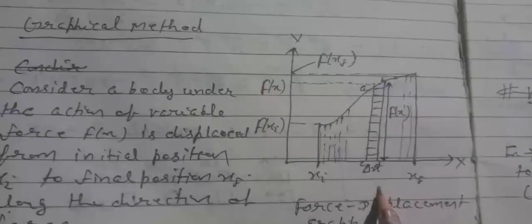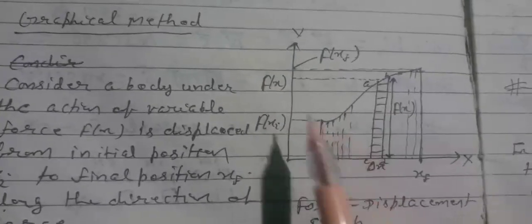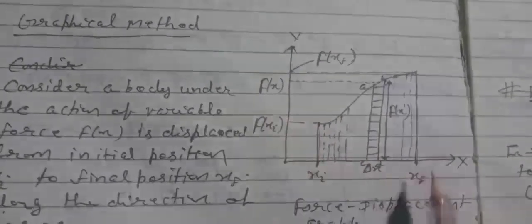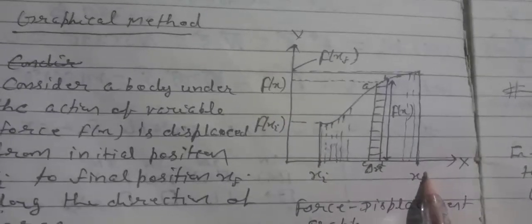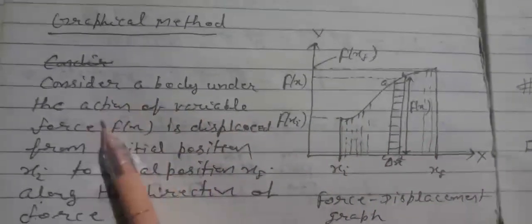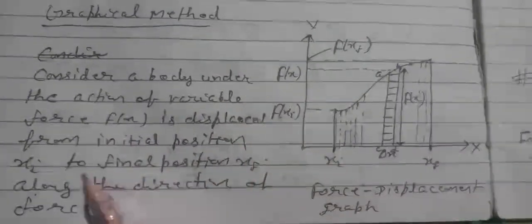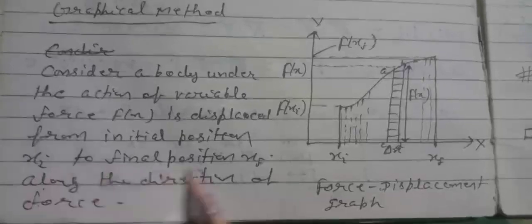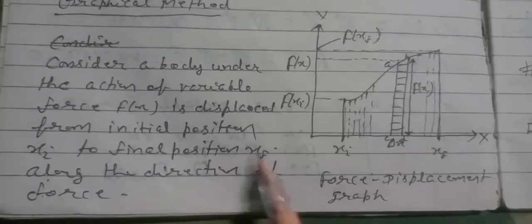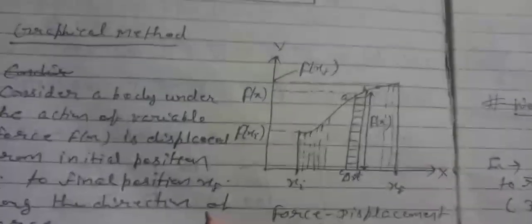Now graphical method. Here a graph between force and displacement is drawn. Consider a body under the action of variable force Fx displaced from initial position xi to final position xf along the direction of force.